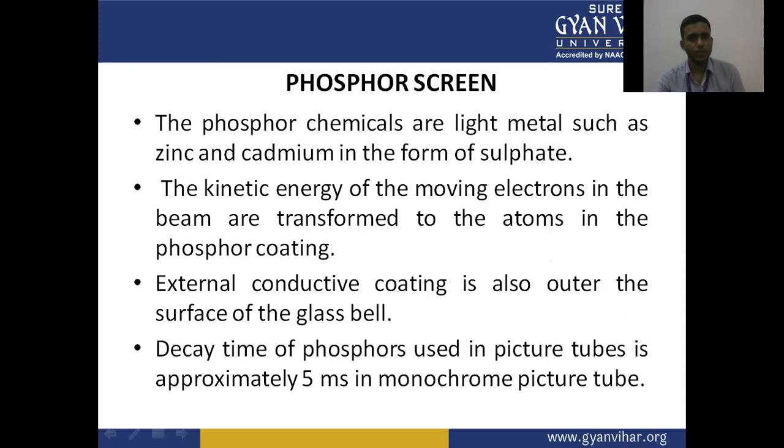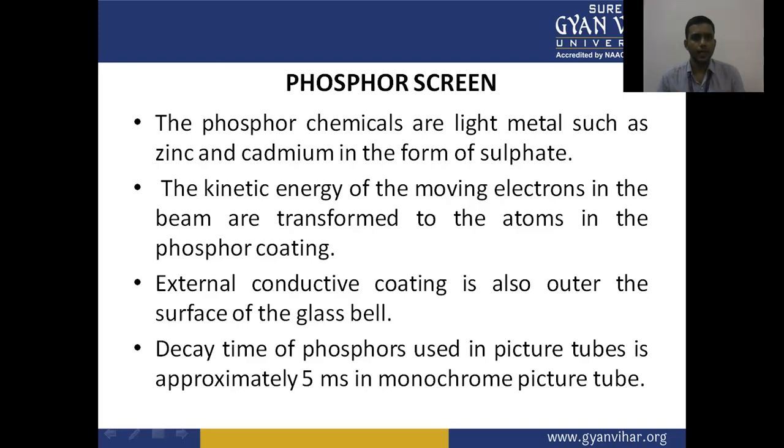Now, the phosphor screen. The phosphor chemicals are light metals such as zinc and cadmium in the form of sulfate. So this is the phosphor screen, which is used in the picture tubes, and the material used is zinc and cadmium in the form of sulfate.